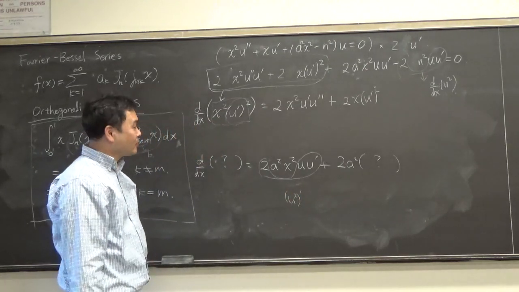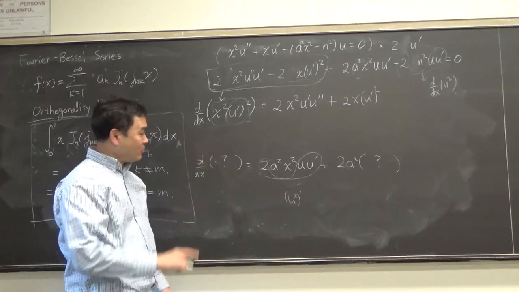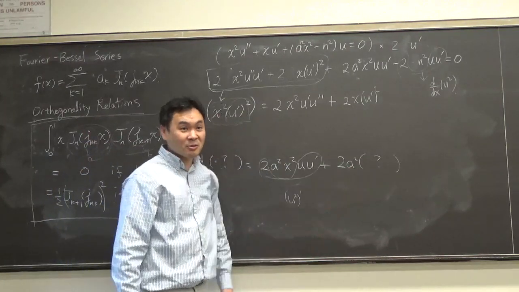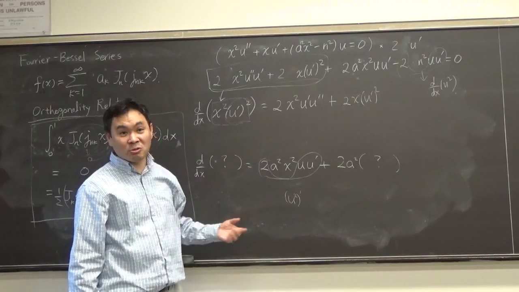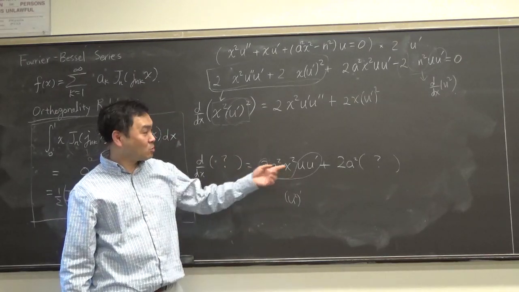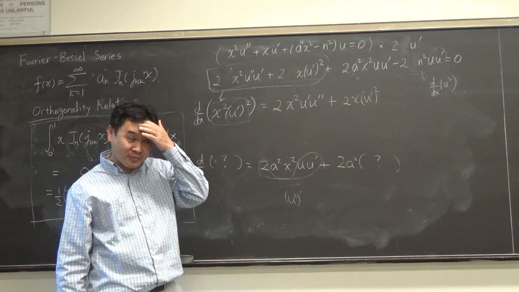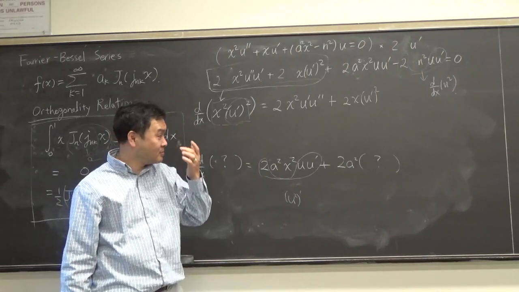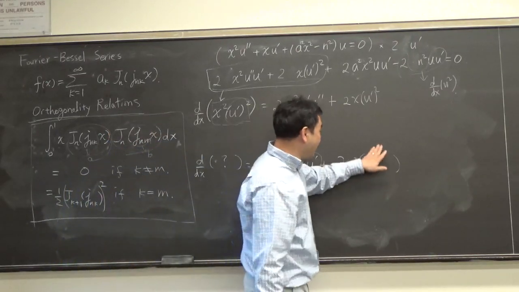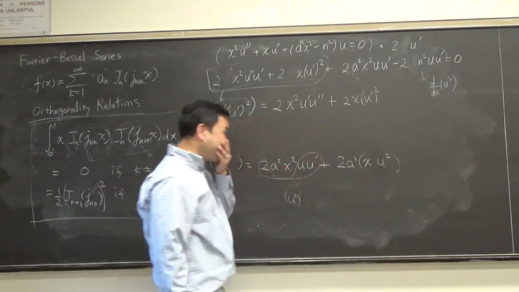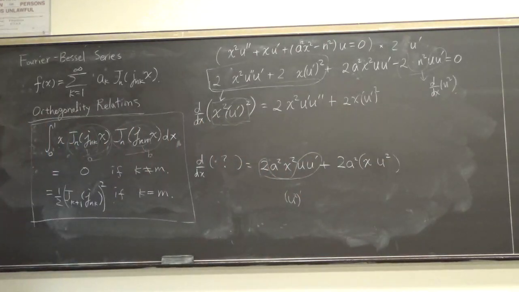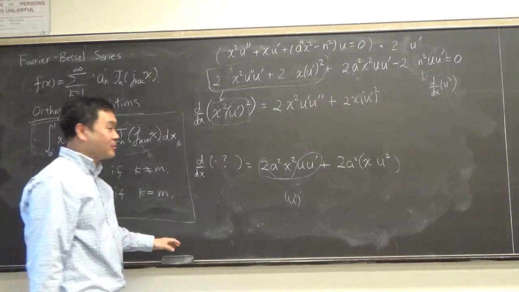So in the other stage, this one should be in there, without the derivative, right? But the other function that was multiplied should be differentiated instead, right? So what goes in there? 2x u squared. 2ax. Yeah, 2a squared x u squared, right?